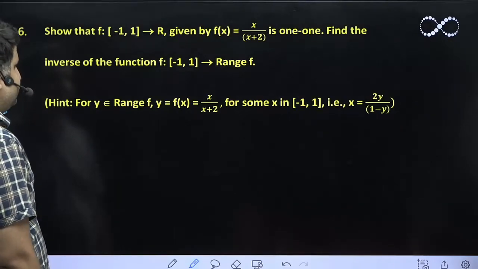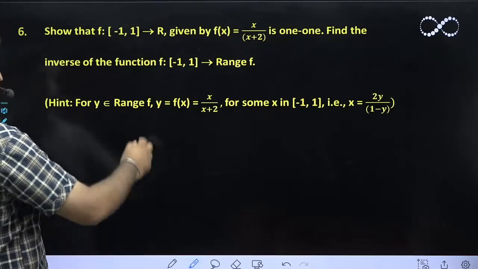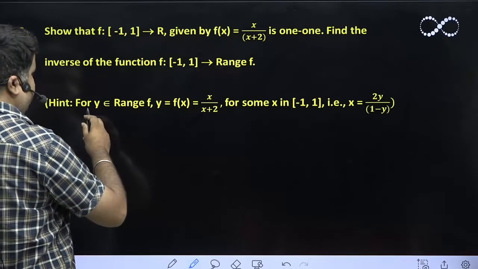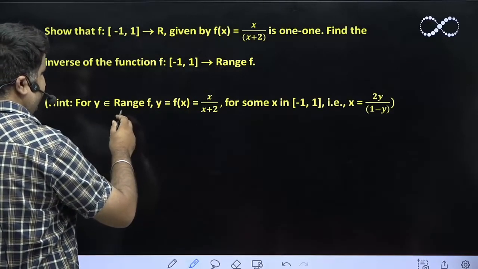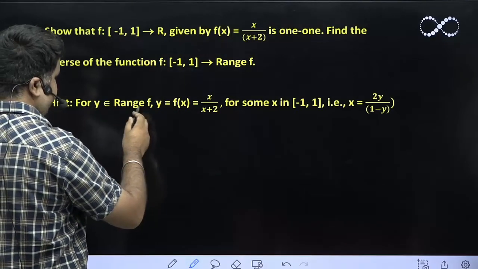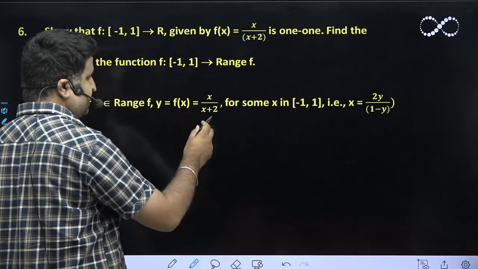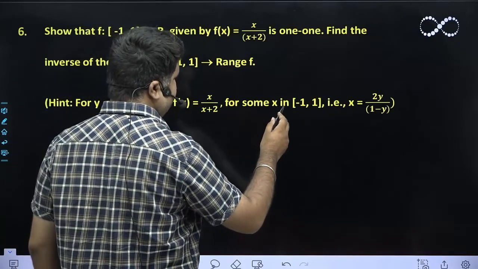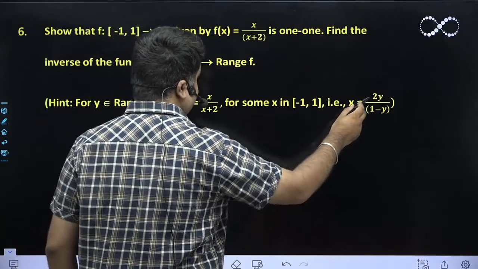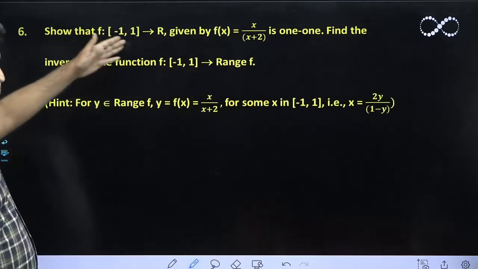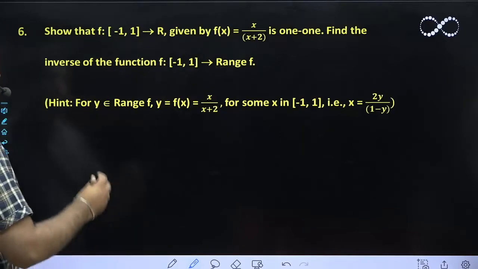Find the inverse of the function f, and the hint is given for range, for y belongs to range of f, y is equal to f(x) is equal to x upon x plus 2, for some x in -1 to 1, that is x is equal to 2y upon 1 minus y. So let's just focus on this question. We'll see the hint later.